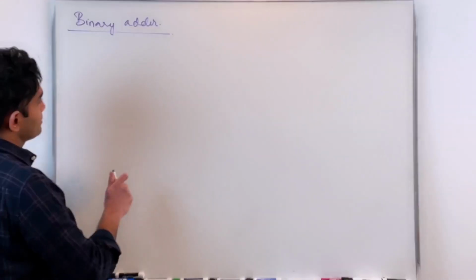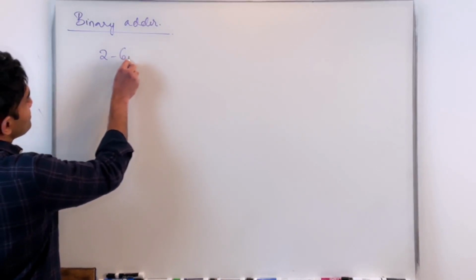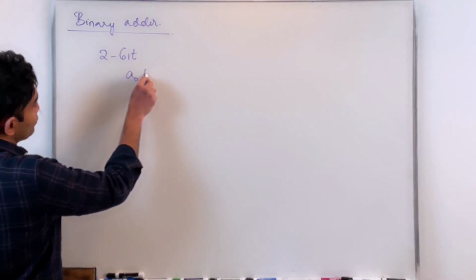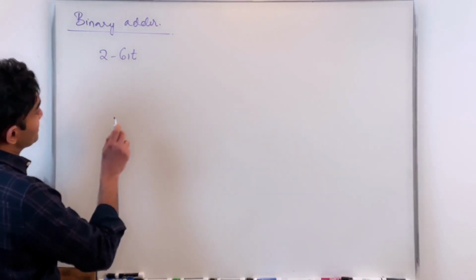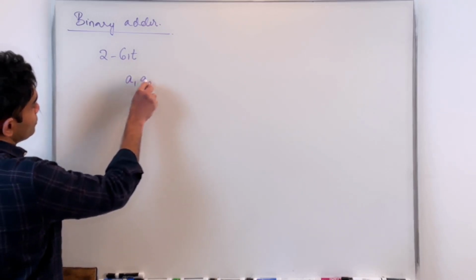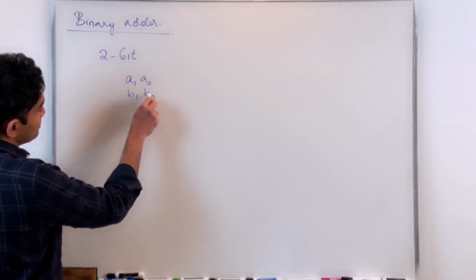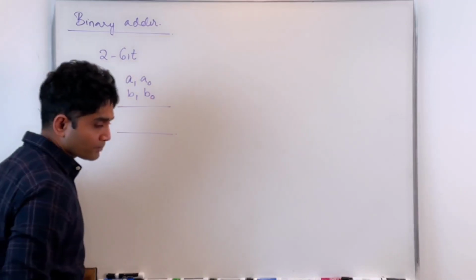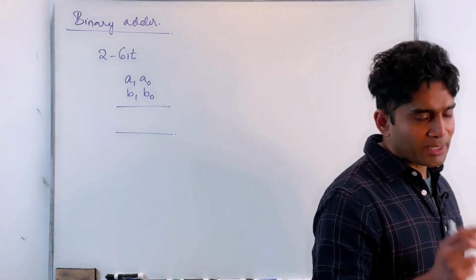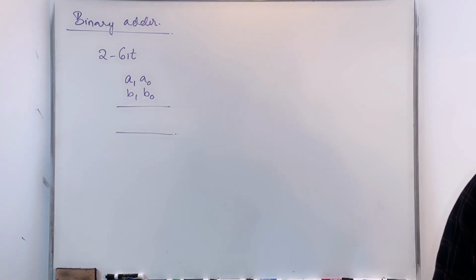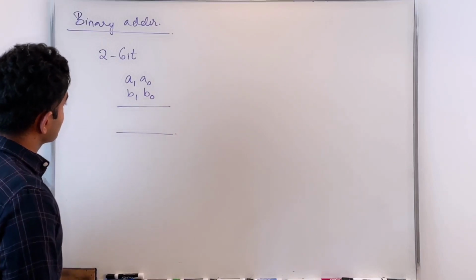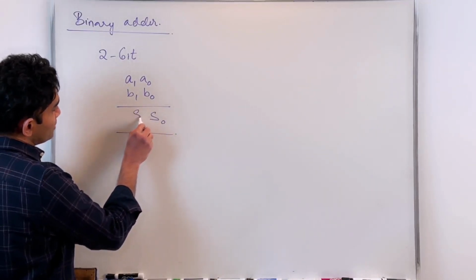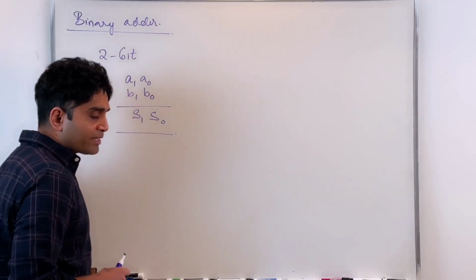That means I'm trying to add two 2-bit numbers, A1, A0 and B1, B0, together and look at the sum and the carry of the addition process. So my sum will be S1, S0.